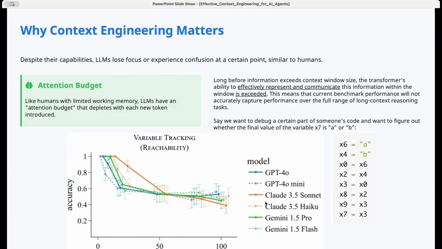And then people ask, how does the LLM answer this question correctly as the number of steps increases? In the beginning, maybe you start with just 3 steps, and then x7 equals A is more accurate. But after reaching 100, say you have 100 rows here, and you ask the LLM again whether x7 equals A or B, you will see that most LLMs fail.